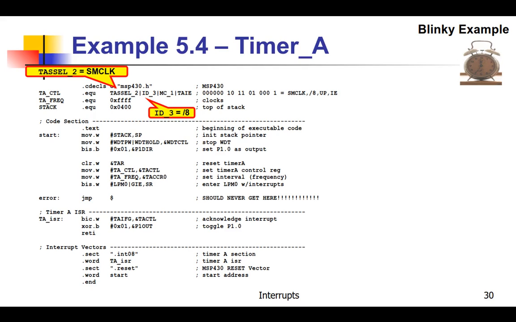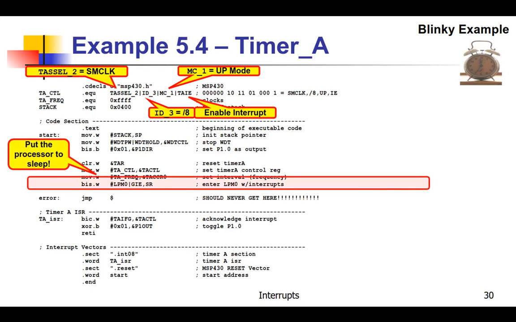You can set the ID bits, which tell what you're going to divide by on the divide-by counter we talked about before, that goes into the main counter. You can select the mode here, in which case they've selected the up mode, mode 1, and then you enable interrupts. And if you look over in the comment there, it shows you what those bits are.